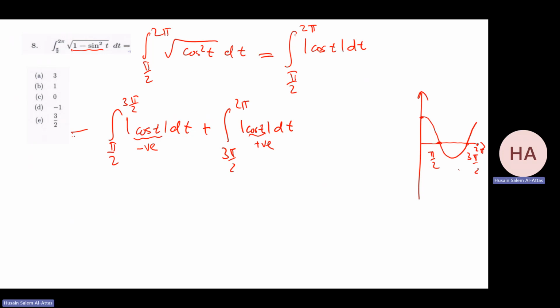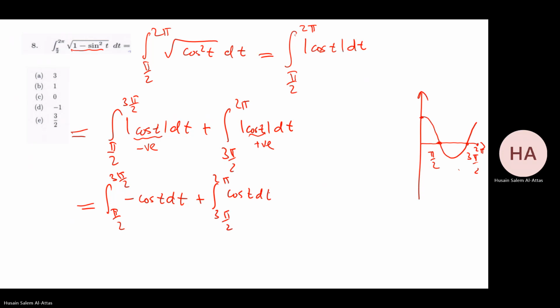So that will be the integral from pi over 2 to 3 pi over 2 of minus cosine t dt. But in this one, it will be cosine t dt. What's the integral of minus cosine?